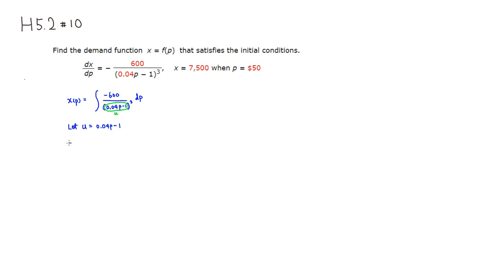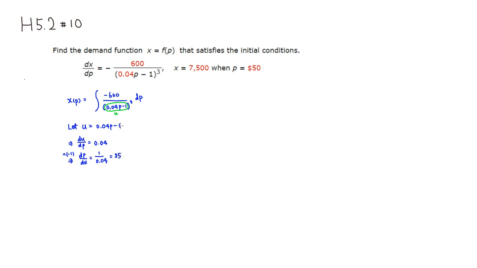Go through the usual drills. Take the derivative of u with respect to p, and we get 0.04. Then we put it upside down, taking the reciprocal, so dp over du is equal to 1 over 0.04, which is equal to 25.